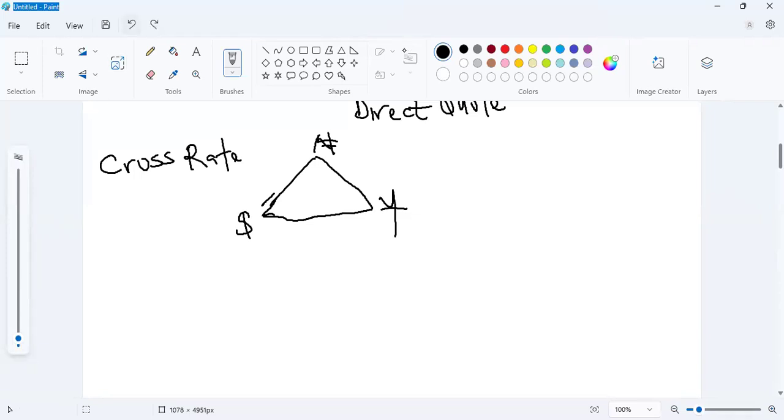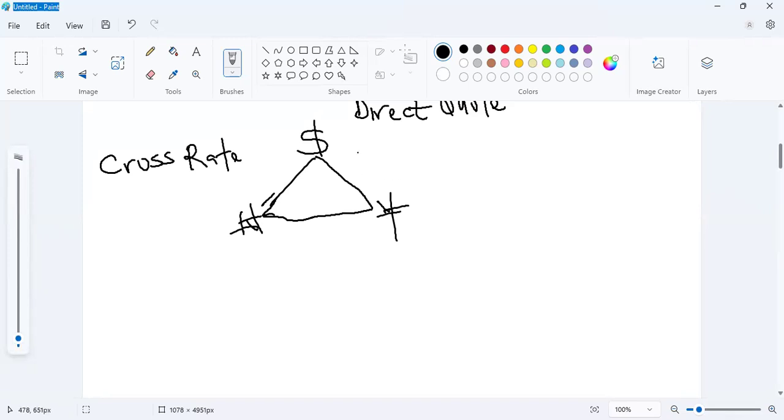This thing is not right. So it should be dollar here, naira here, Japanese yen here. Naira to dollar.